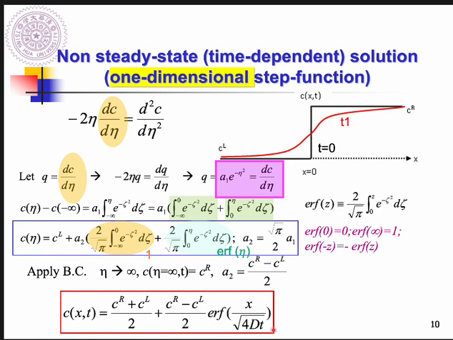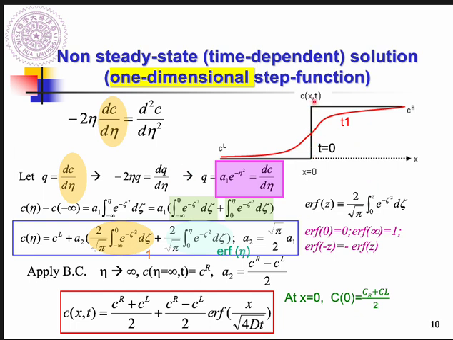This result is quite easy to remember, because it is the average of the sum of the right-handed concentration plus the left-handed concentration, and also the average of their difference, CR minus CL, times the error function of iota. Just to remind you, there is a location where the concentration does not change with time, at 0.